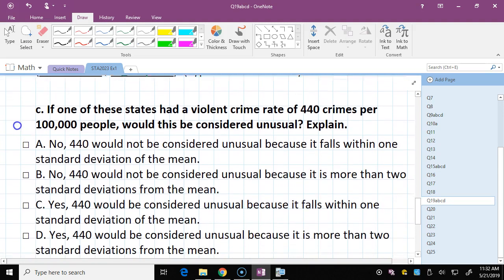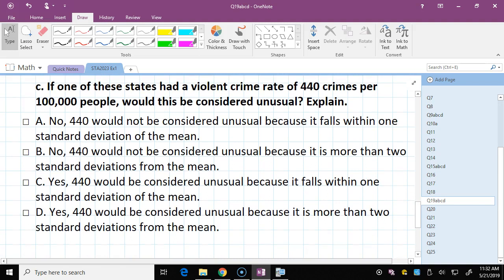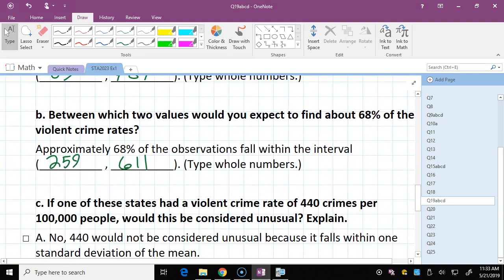All right, part C says, if one of these states had a violent crime rate of 440 crimes per 100,000 people, would this be considered unusual? Well, which one did it fall between? It fell within one standard deviation, right? That's why we made these little points. 444 falls between these. If you are within one standard deviation, that's not unusual.